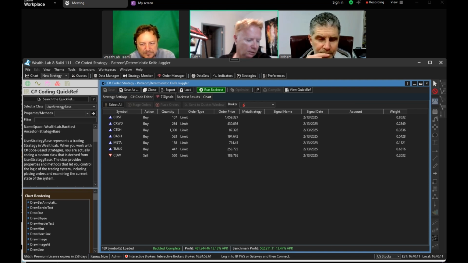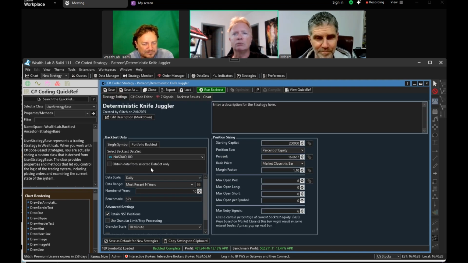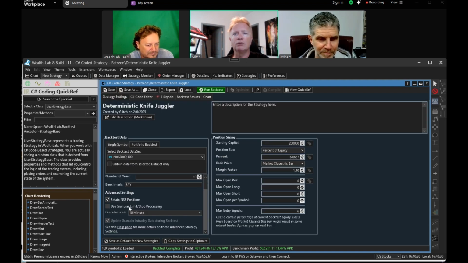The thinking is, why don't we weight them then with something? Well, because it's a limit order system and we don't know which of those signals are going to fill at what time during the day. So one possible solution would be to use this granular processing here. What this does is it can use intraday data to set the weight to the time that the price would have reached that level.